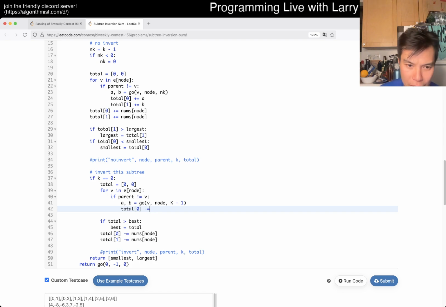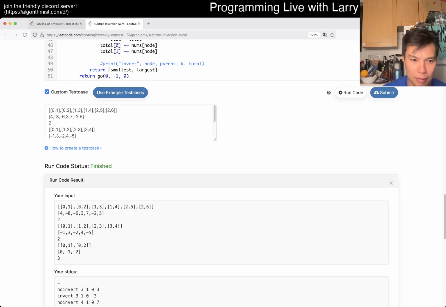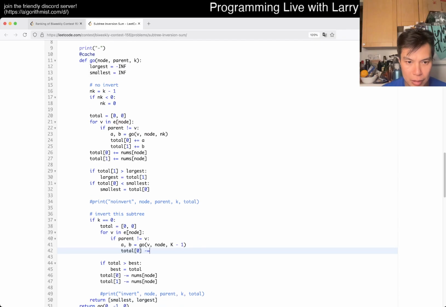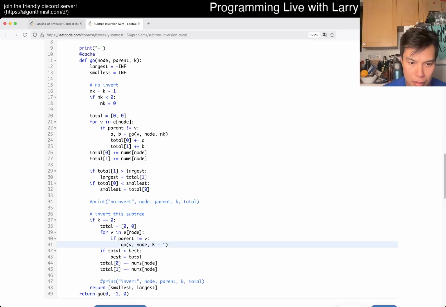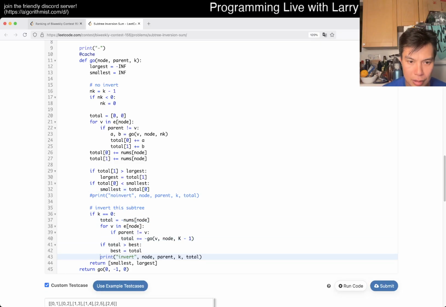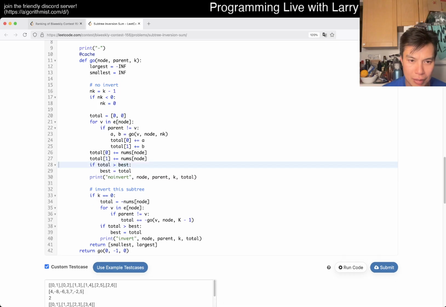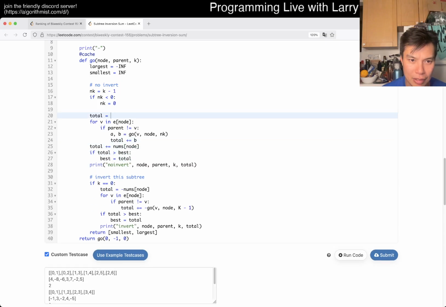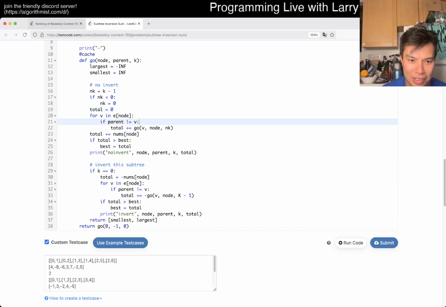I feel like I could have just written two functions, honestly. I think this is maybe not the best way to do it. Yeah, maybe not. Okay, fine. Let's reword this. Maybe I should copy it so that I don't have to do it again in case I am wrong.